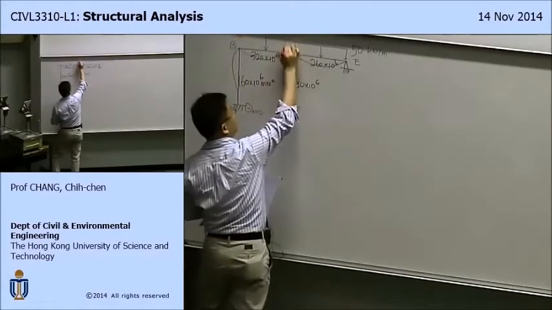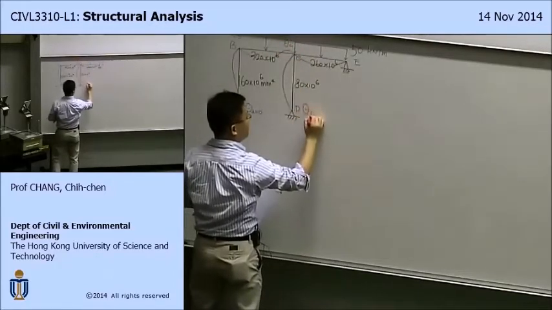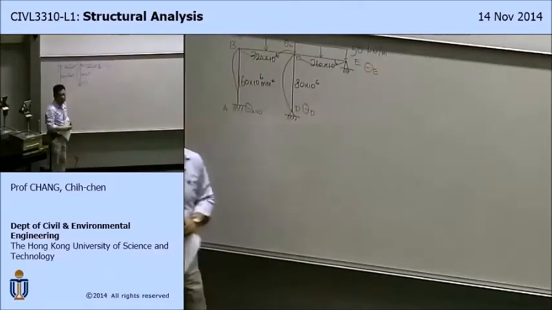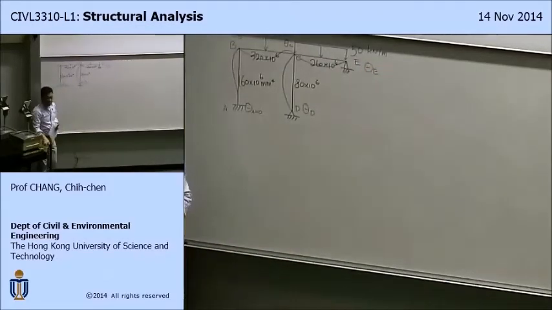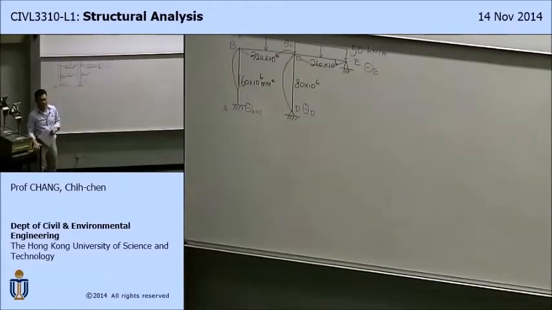And there will be a rotation angle here, and here as well as there. So at first instinct, it tells you that you should have 4 non-zero degrees of freedom.